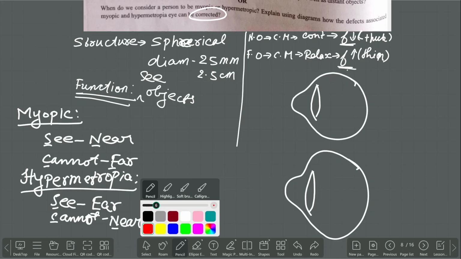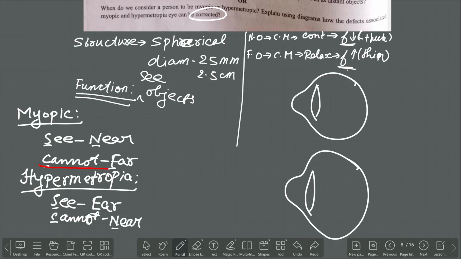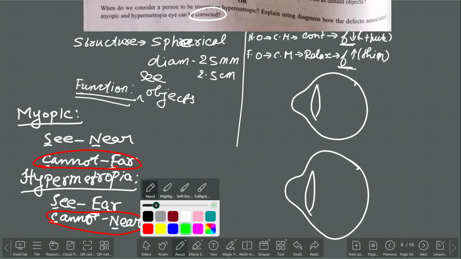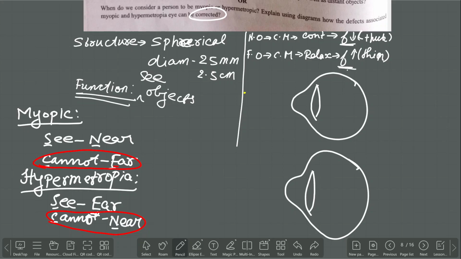Whichever defect they are having, for correcting that one only you need to draw the ray diagram. For a myopic person, what defect do they have? They cannot see the far away object. That means we need to take the incident rays coming from infinity.